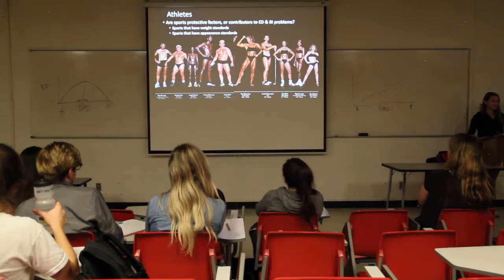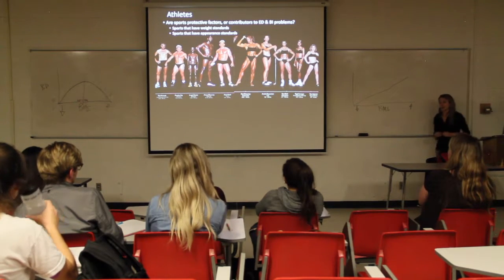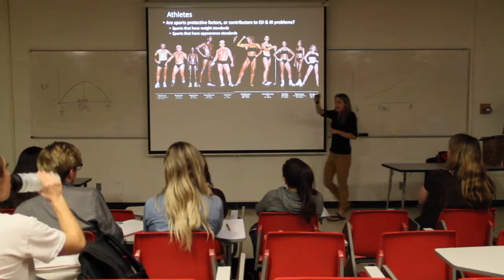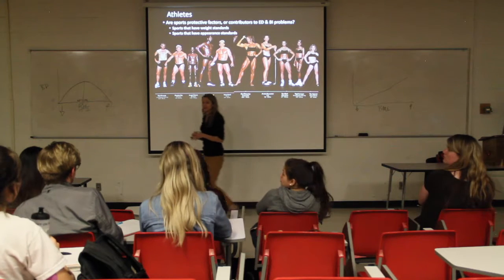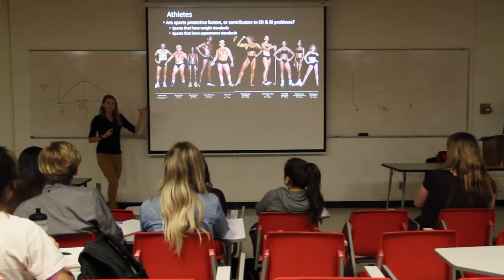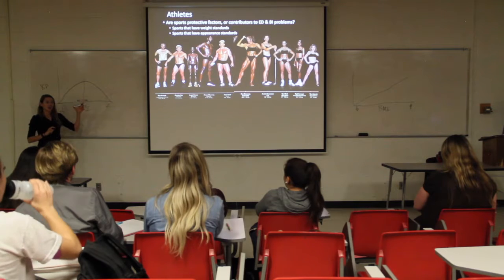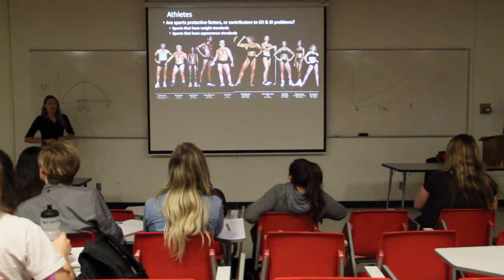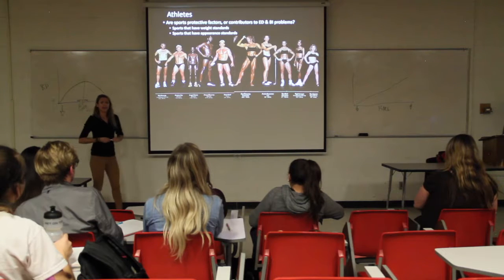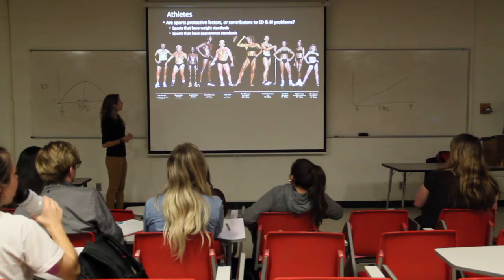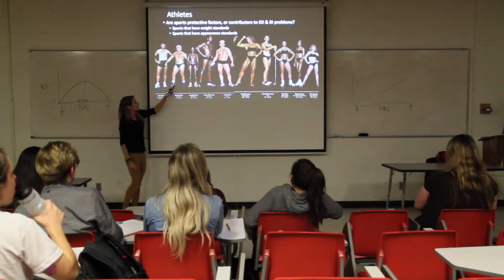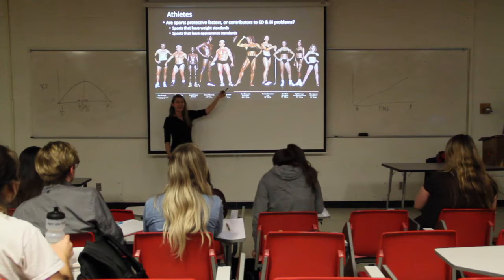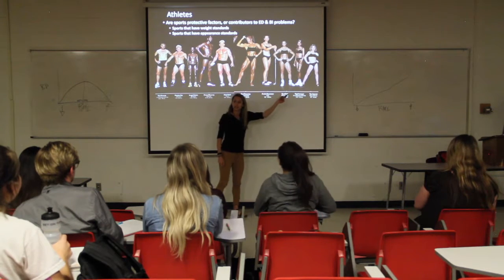Okay, let's talk for a second about athletes. Megan had to leave, but wow, has anybody ever seen these before? All these images, there's tons of them on Google. If you just Google athletes and body image, oh my goodness, look at the body ideals and how different they are for each sport.